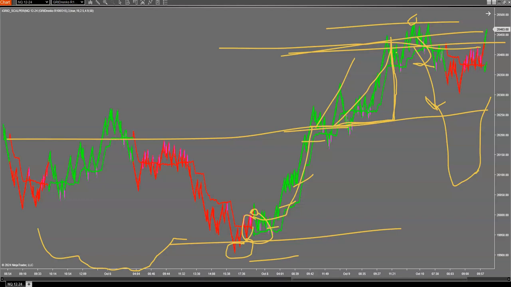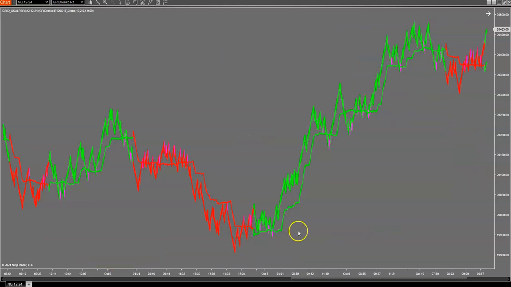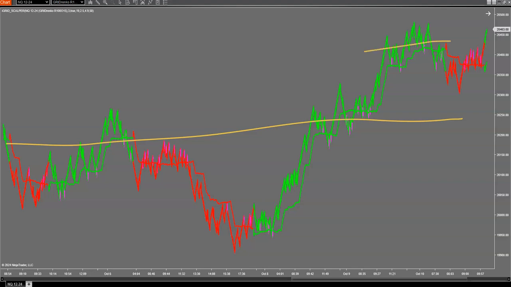Now, the other way people use fractal tools is that the tool will come up with some sort of mean for a particular look back period, but then it will do the percentages of probabilities. Hey, right here, price is at that area.